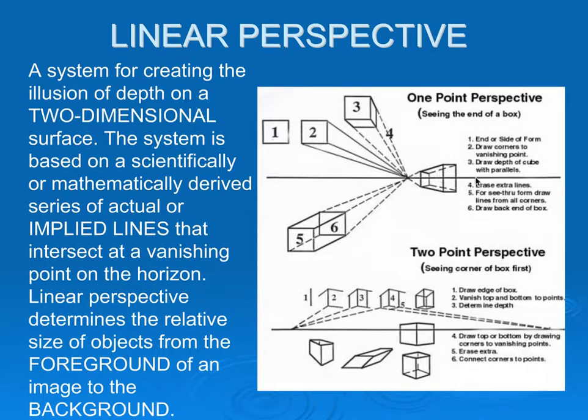The vanishing point is the single point on the horizon where all lines on the ground level seem to be coming together. One-point perspective has a single vanishing point on the horizon line, and two-point perspective has two vanishing points on the horizon line, and then there's also three-point perspective.